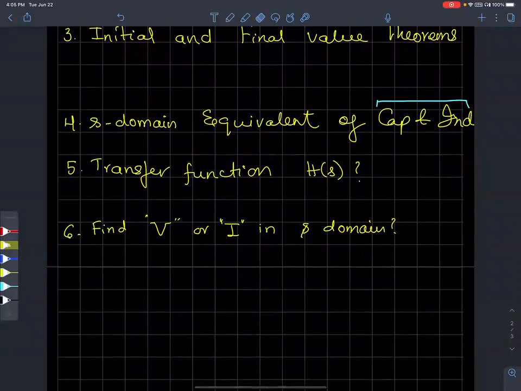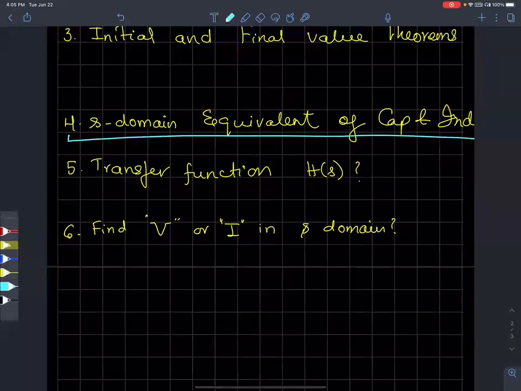Very similar, if you remember, we will talk about it today briefly. Then I'll show you the similarities between the S domain and the frequency domain, and I will also point out where the S domain takes into account the initial conditions as well.